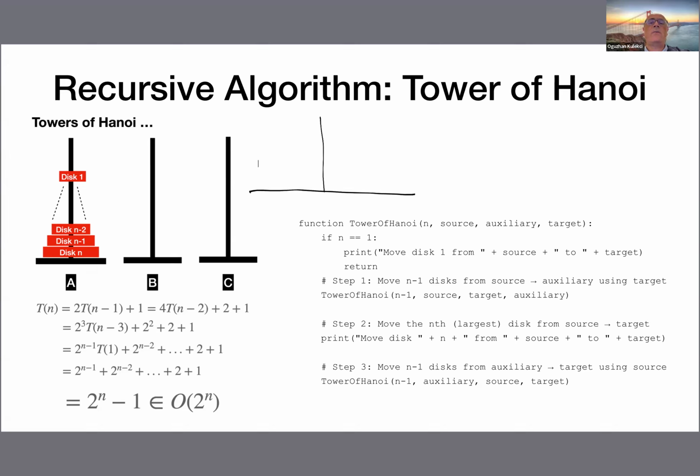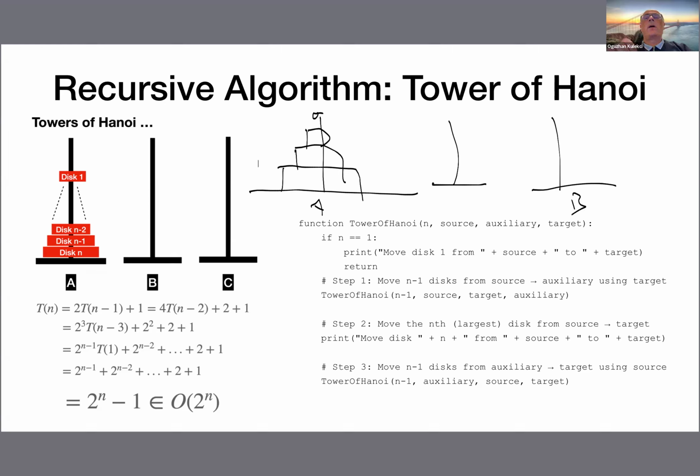Okay, I have 3 disks here, and I have these other vacant towers. So what I should do is I'm trying to carry everything from this place to this place.